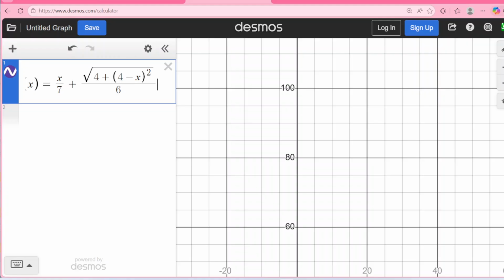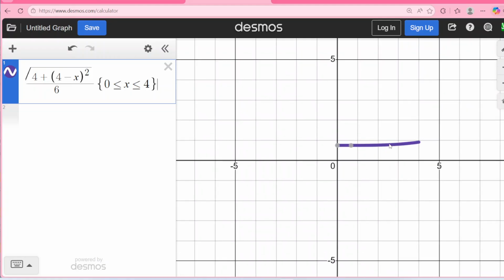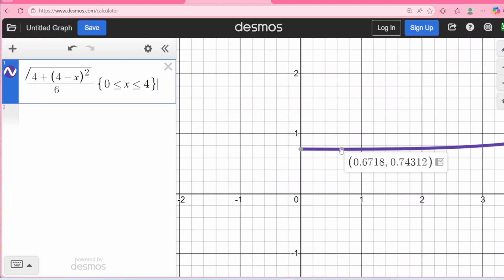And restricting this to just 0 to 4 again, you could only walk up to 4 miles down the shore, and that's what x represented. So 0 less than or equal to x less than or equal to 4. All right, and there's that piece there. So there's clearly a smallest point, right?